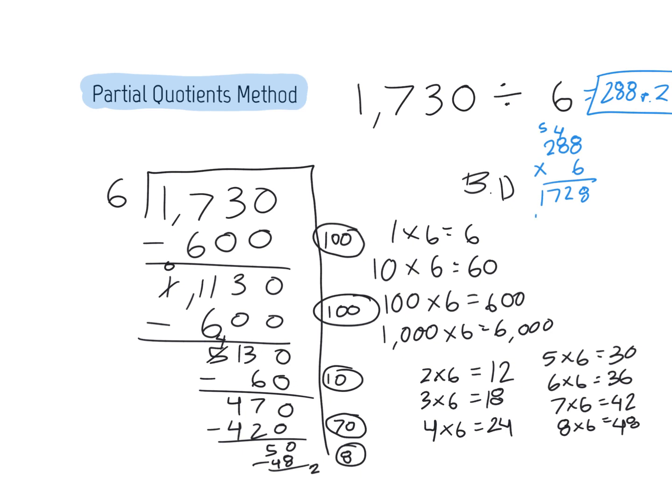Now I want to add my 2 back in here for my remainder. 8 plus 2 is 10. 2 plus 1 is 3. 7, 1. I have 1,730, which is what I started with, my dividend, I should say. So that means that 288, remainder 2, is the for sure correct answer.